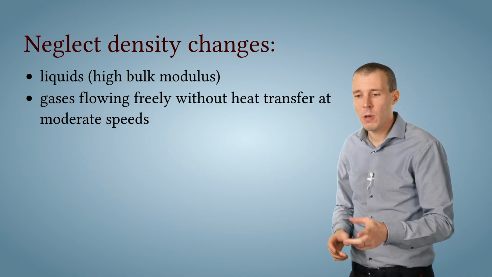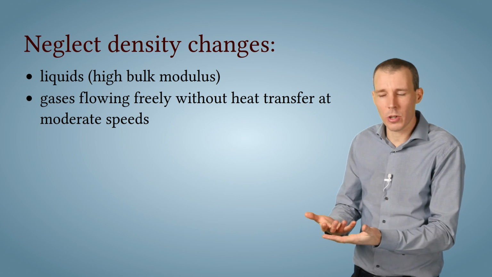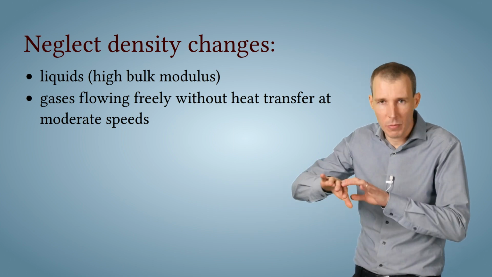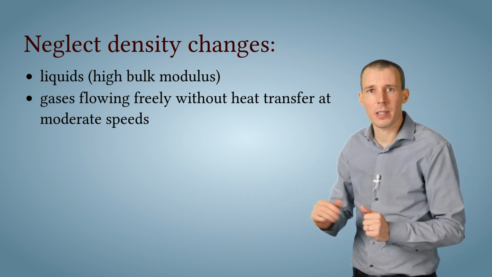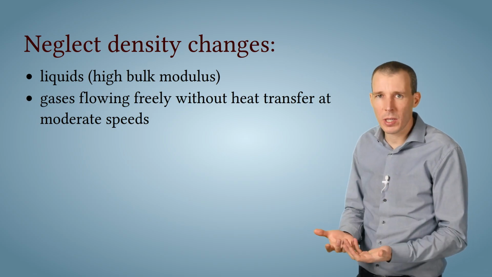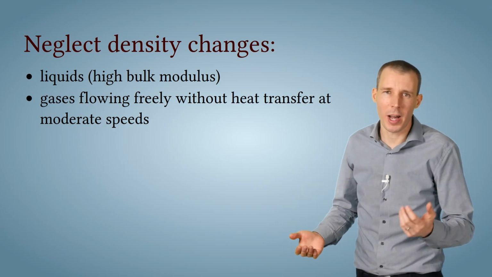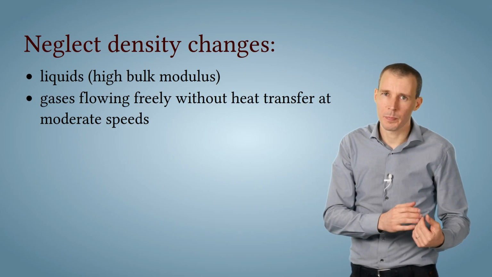Without heat transfer is because adding heat to a gas provides it with lots of energy with which typically it will do work, meaning expand, and have its density change. And the last condition is at moderate speeds. Typically we're talking about hundreds of kilometers per hour or miles per hour or less.